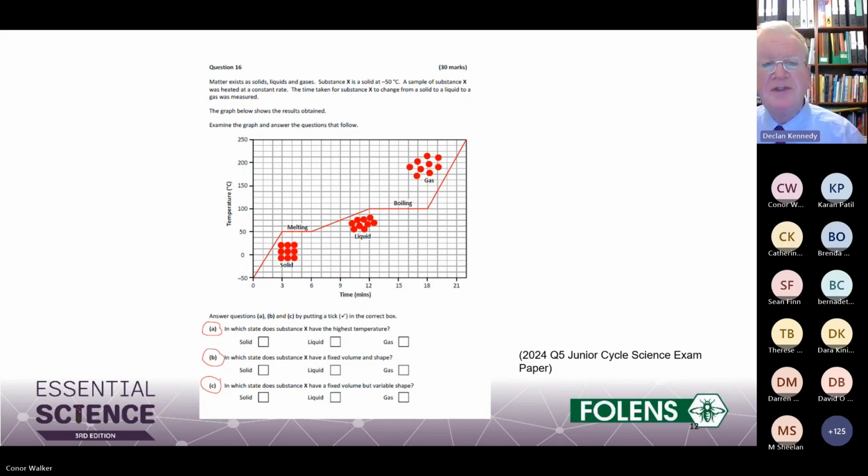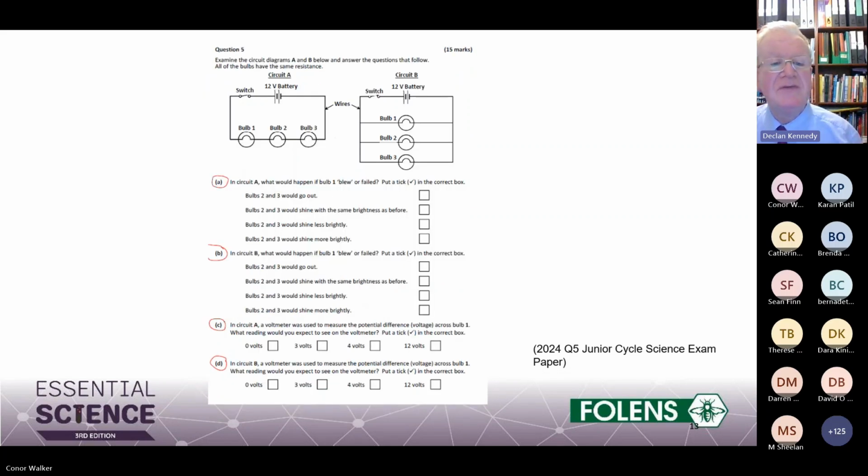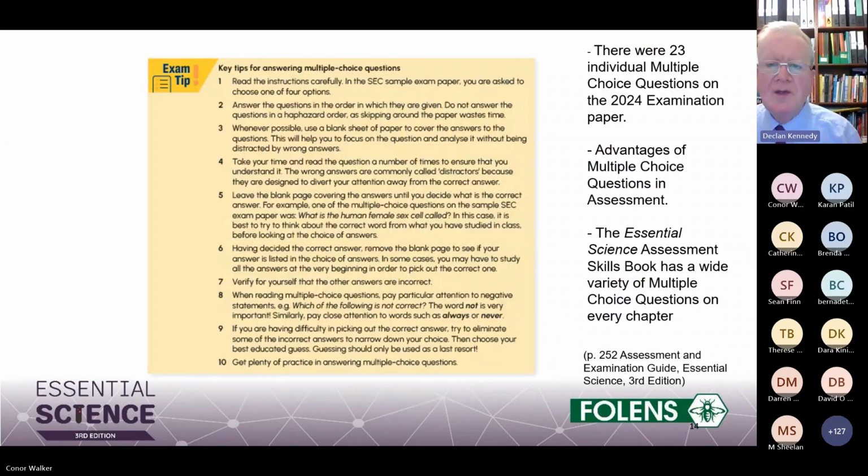Next slide, please. There we see 4 multiple choice questions testing students' knowledge of series and parallel circuits. And the next slide, please. You can see that there has been quite an increased emphasis on multiple choice questions.